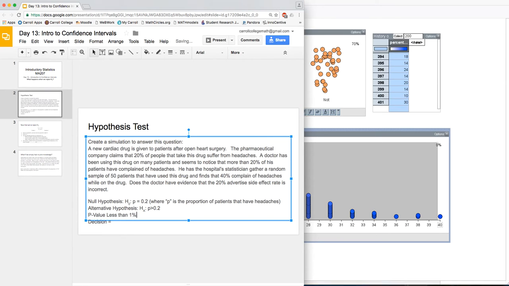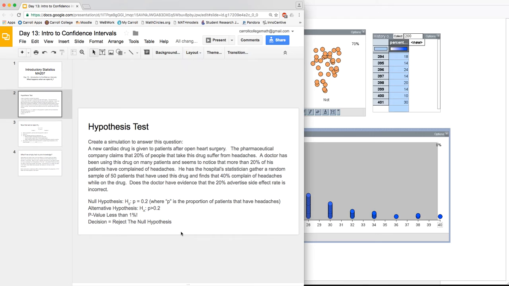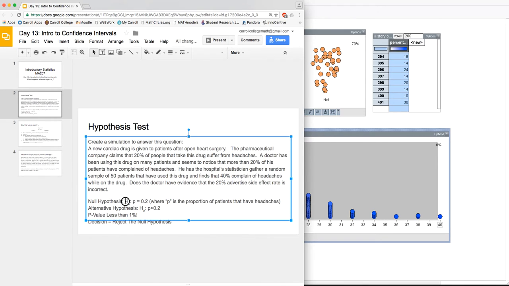That's about as good as we can say from TinkerPlots. I'll put an exclamation mark there because that is really small, and that means we reject the null hypothesis. What that really means is we seem to have evidence against this 20%. We have evidence in favor that it's more than 20%.